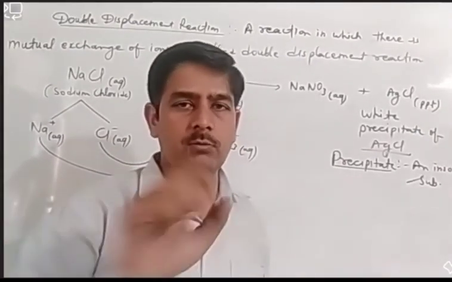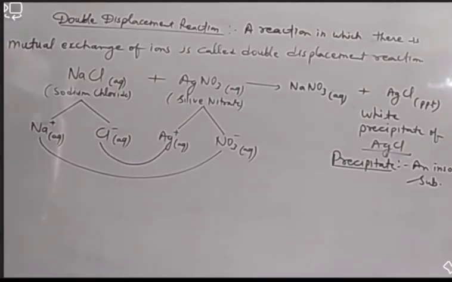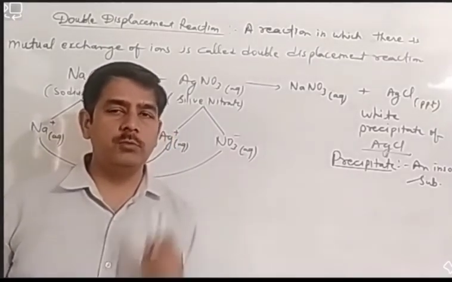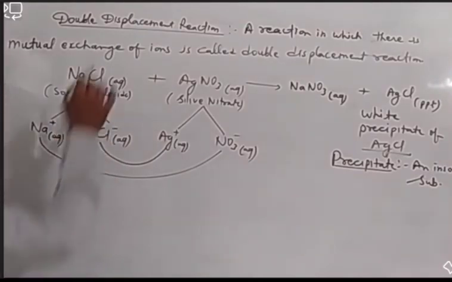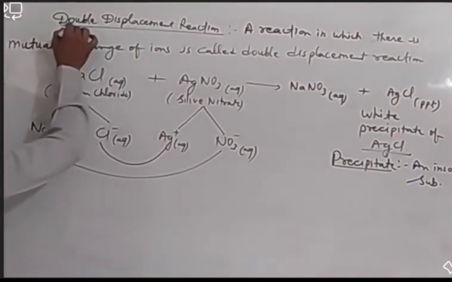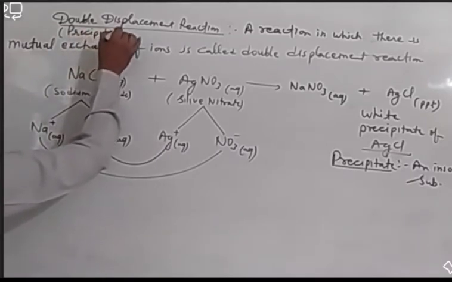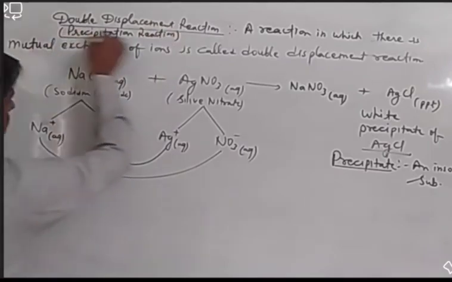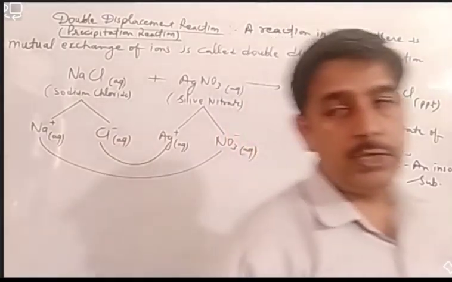We can call this reaction a precipitation reaction, because in this reaction a precipitate is being formed. It can also be called a precipitation reaction, because precipitation is taking place here.